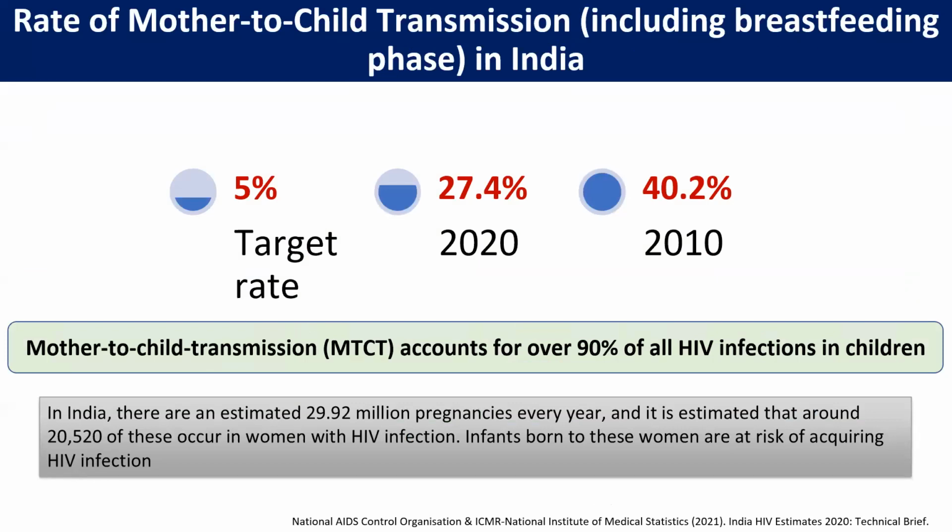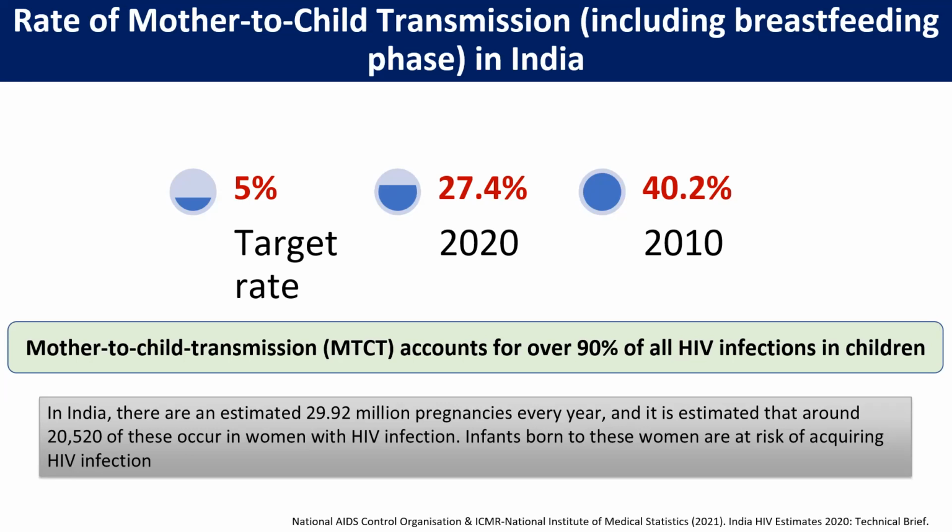In the year 2010, mother-to-child transmission was around 40%. Now it has come down to 27% in 2020, thanks to our PPTCT regimen and various changes there, increased coverage. So we have significantly decreased the infection rate. Now our target is to achieve 5% or less.